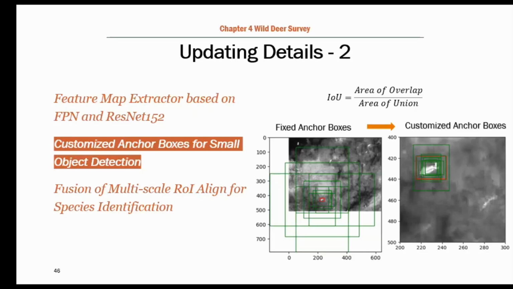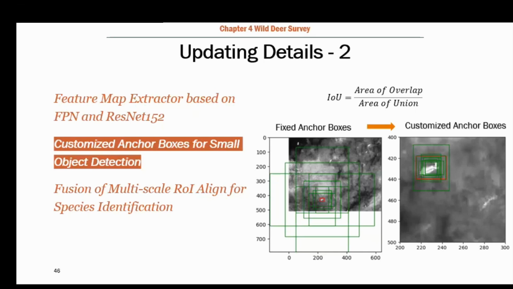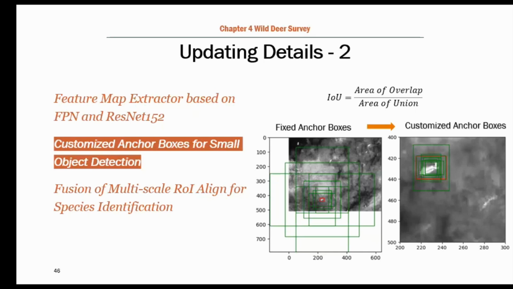For example, a manually labeled target is a red box, and then we will calculate the IoU value between the red box and the green anchor boxes. If the IoU value is more than a threshold value, for example 0.5, the model will know, oh, these anchor boxes may contain the target. The model will subsequently adjust the coordinates of these anchor boxes to make them fit the red box optimally.